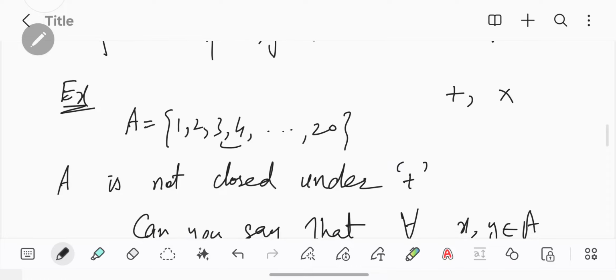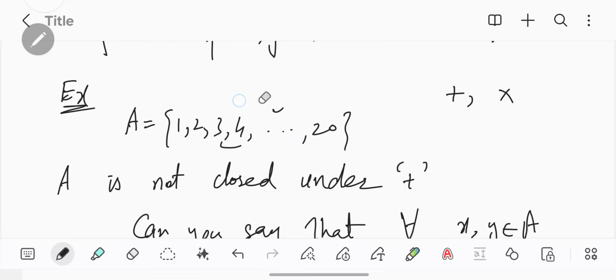This set is also not closed under multiplication because if you multiply, for example, 10 with 3, both are here. Here you have 10 and here you have 3. If you multiply them, you will get 30. 30 is not here, right?